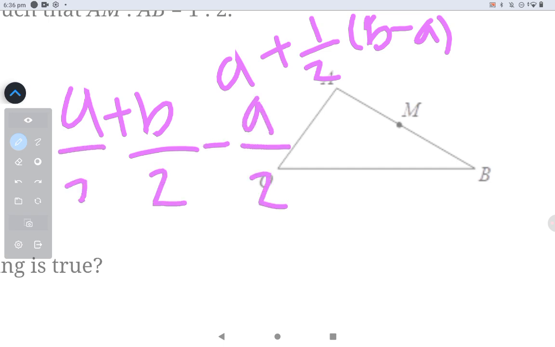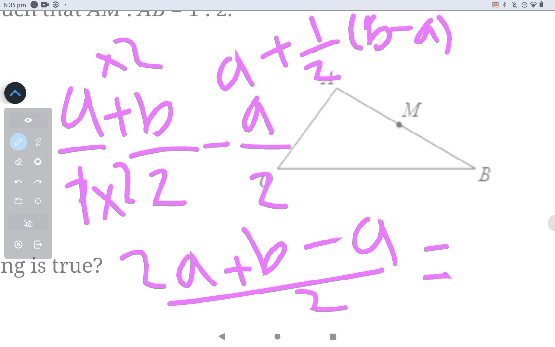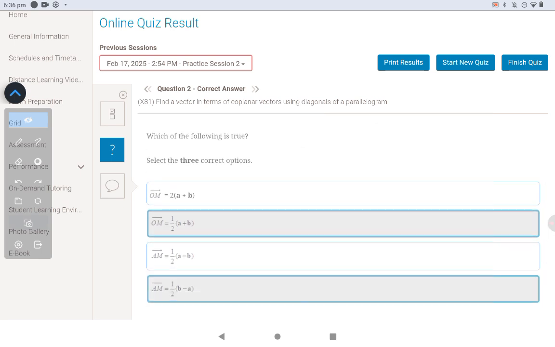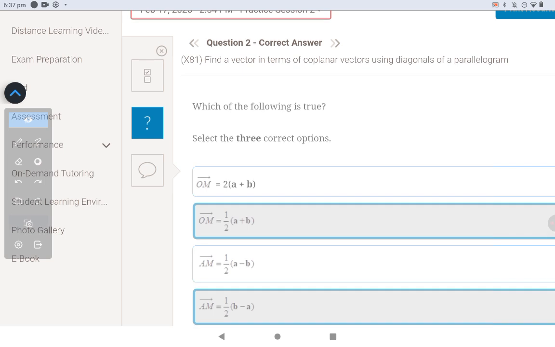Same denominator, so it's going to be 2a plus b minus a over 2. 2a minus a makes it 1a. So it's just a plus b over 2. That's it. Easy. Simple. Yes, a plus b over 2, or 1 over 2 times a plus b.